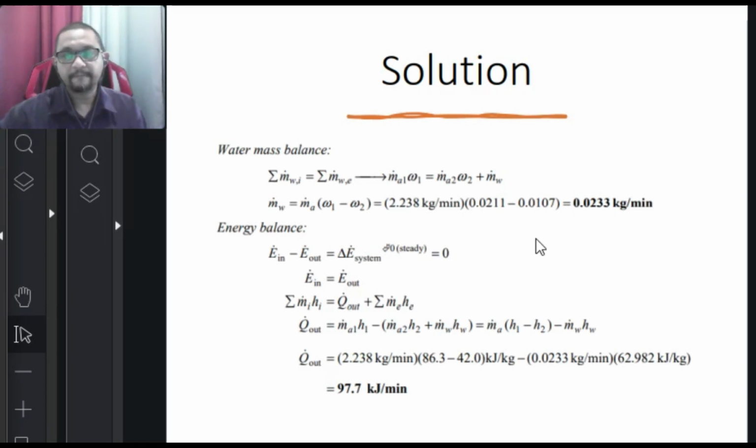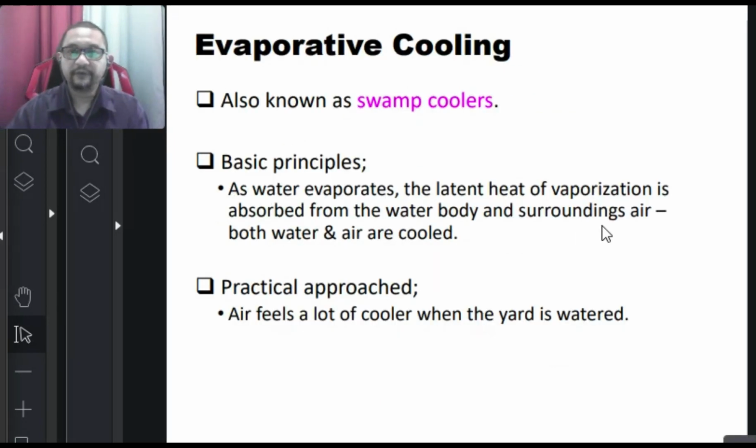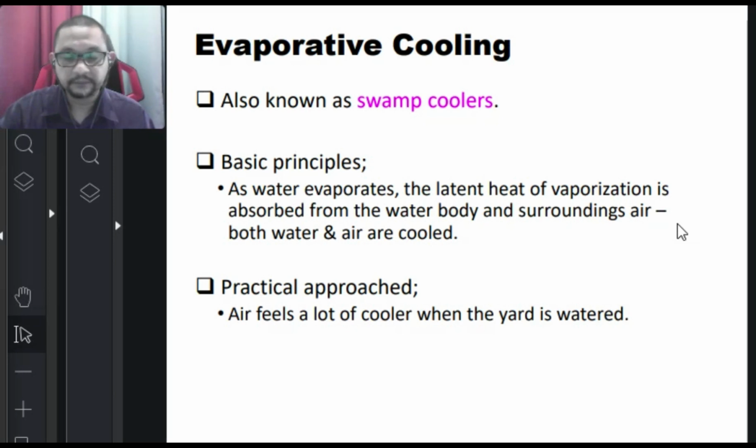Okay, now we go to the next subchapter, which is about evaporative cooling. This is some knowledge that you have to know.